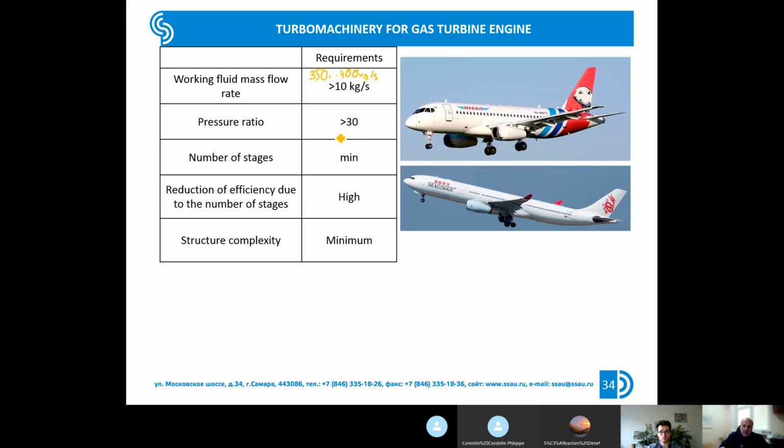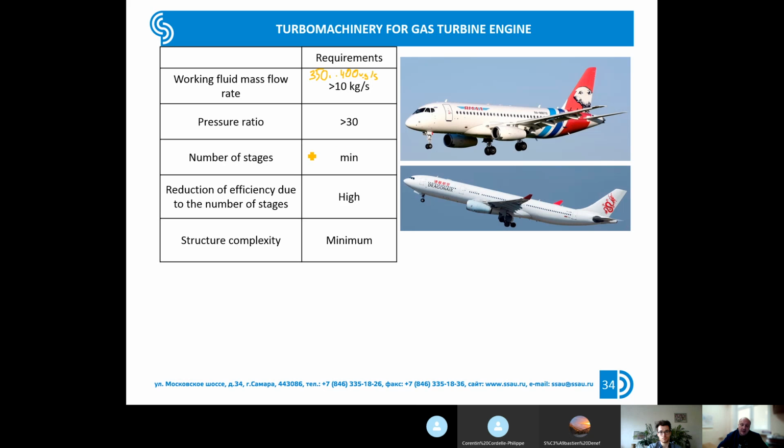I hope you have already studied the cycle of the gas turbine engine and you know the main tendency of the development of the gas turbine engine: increasing pressure ratio. Typically for modern gas turbine engines, the pressure ratio of the compressors is more than 30, 40, and leads to 50 at this moment. That's why the pressure ratio of the compressor in the cycle is rather high.